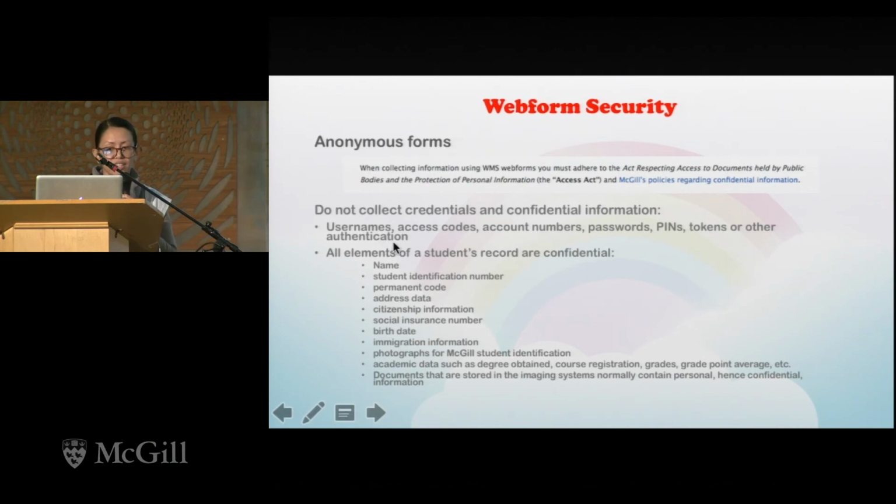And that's listed here as usernames, access codes, account numbers, passwords, PINs, tokens, or other authentication. Now, another thing, since we're saying don't send confidential information via email, this is the sort of stuff, all listed here, all the elements of a student's record are confidential. So that's the kind of information you shouldn't be passing around via email, not just through web forms, but in emails in general.